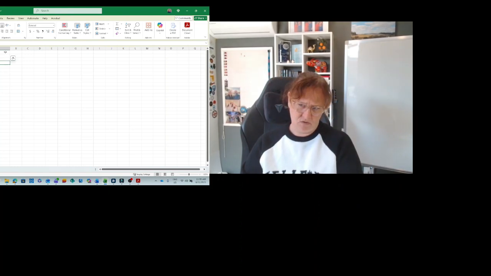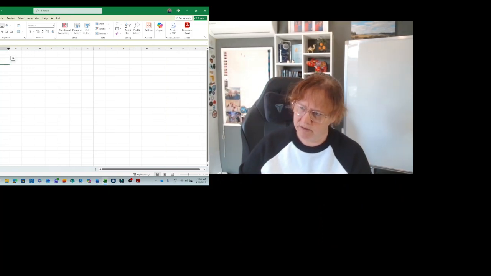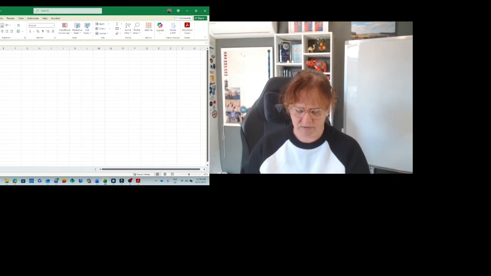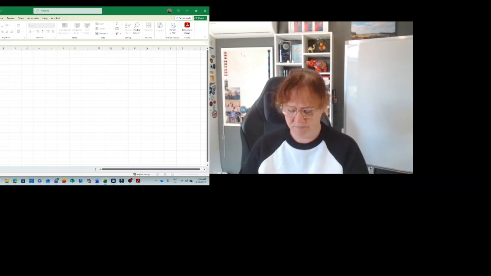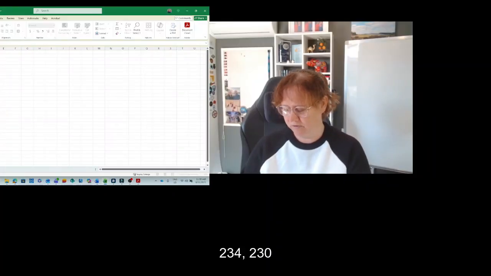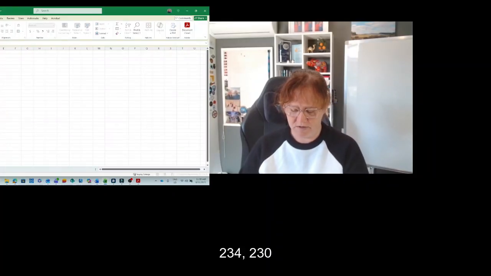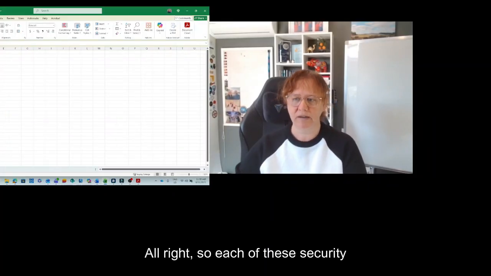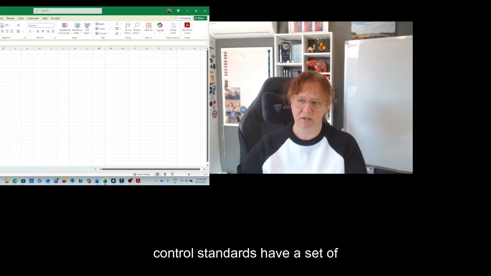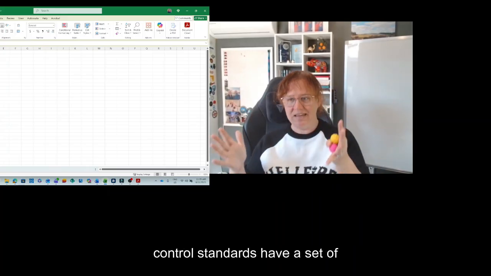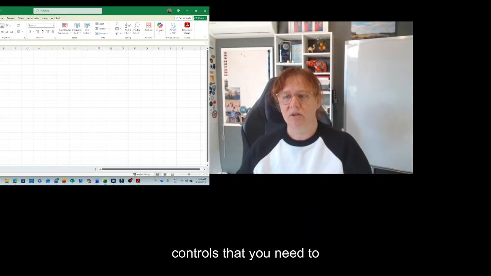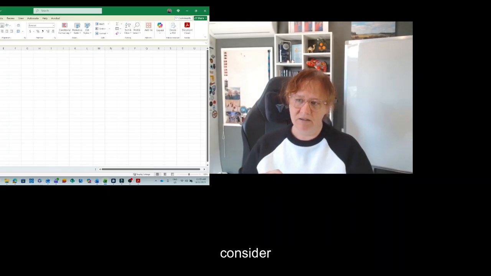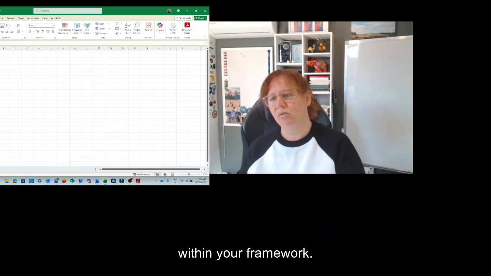What are the control areas? APRA CPS 234, CPS 230. Each of these security control standards has a set of controls that you need to consider within your framework.